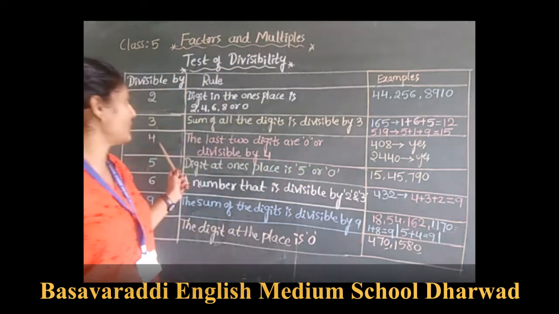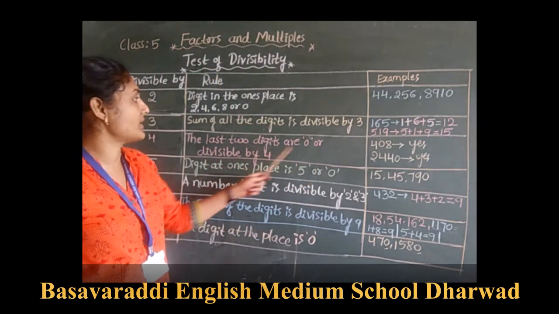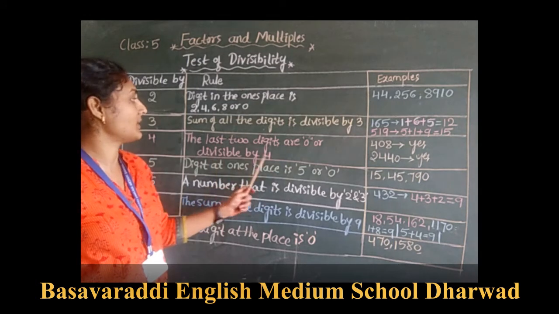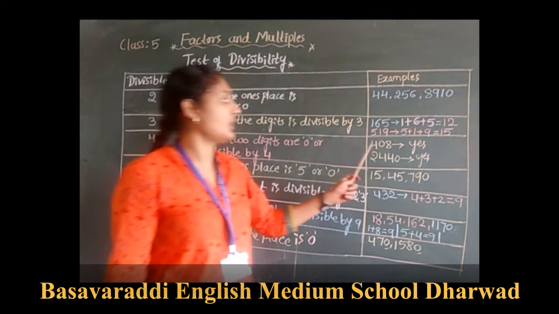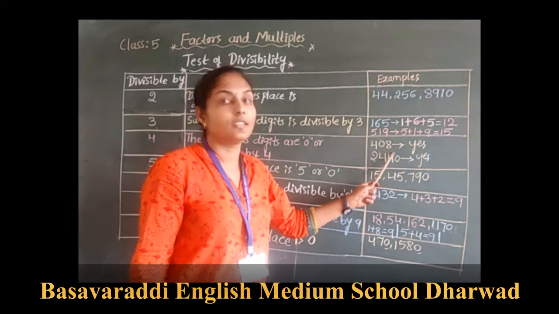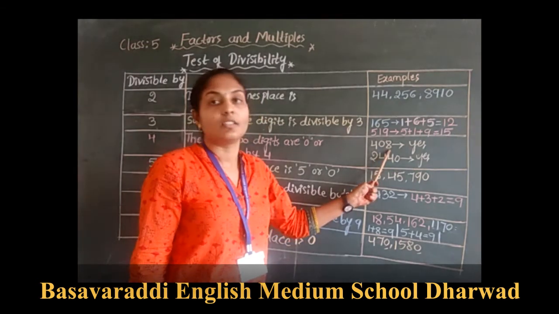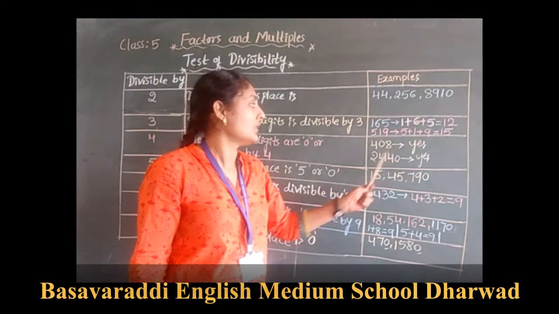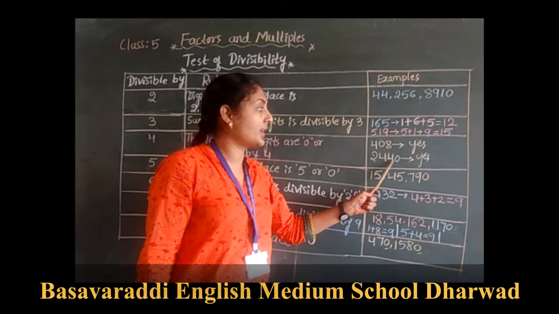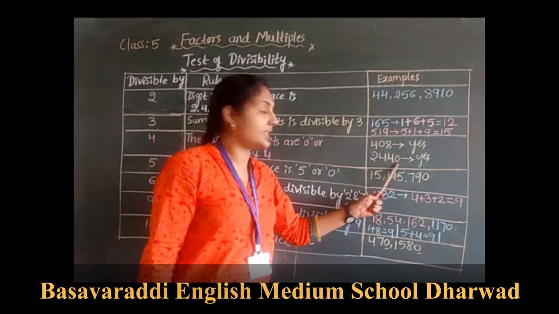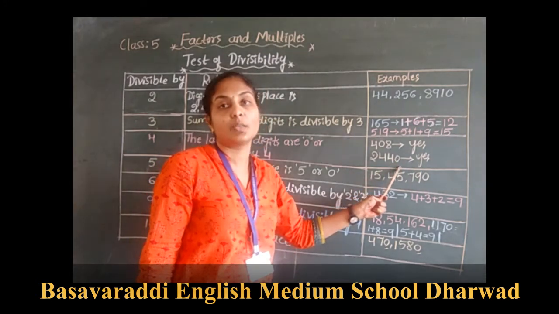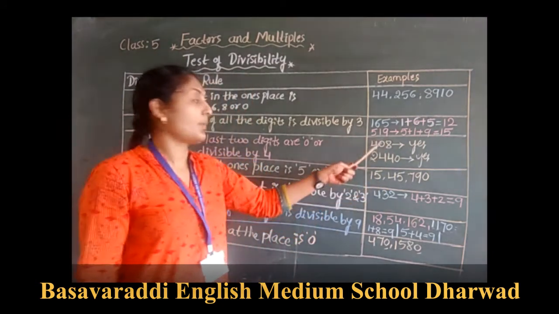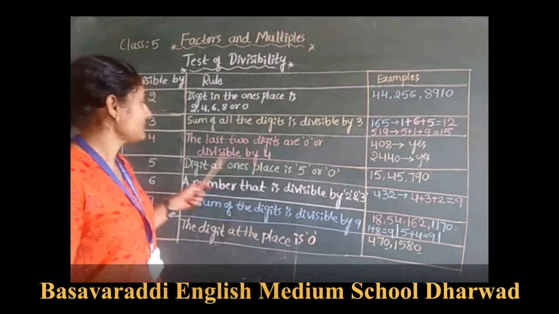Next, the fourth rule: the last two digits are 0 or divisible by 4. For example, 408, the last two digits are divisible by 4, and 2440, the last two digits, 40, are divisible by 4. So apply the fourth rule.